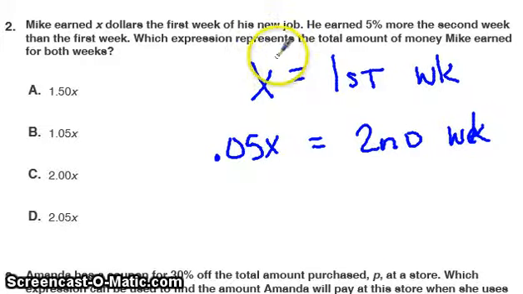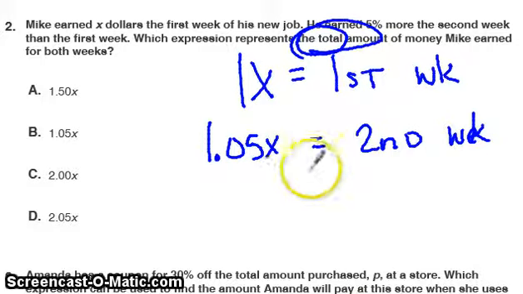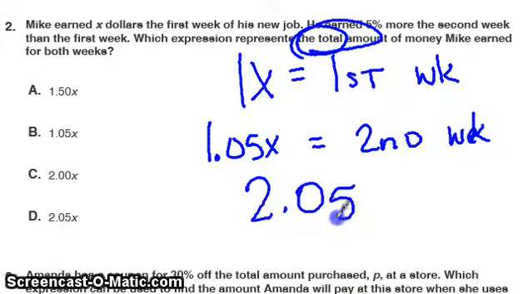Which expression represents the, keyword again, total amount of money Mike earned? We're actually going to have to put these two together. So if this is 1x plus 0.05x, sorry, that's 1.05x, then that will be 2.05x is the expression that we're looking for.